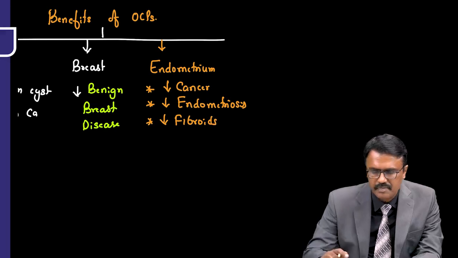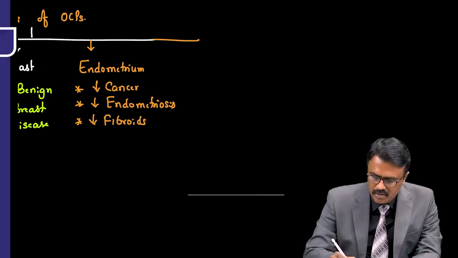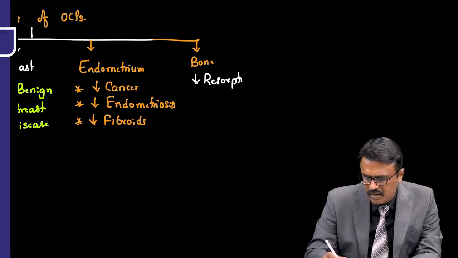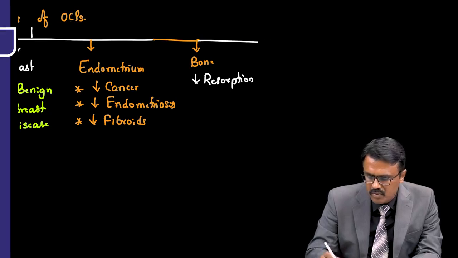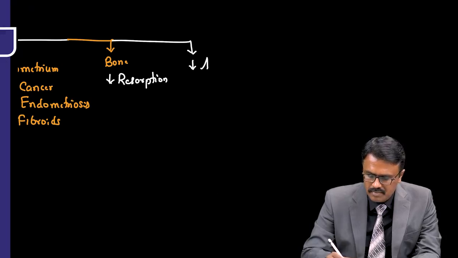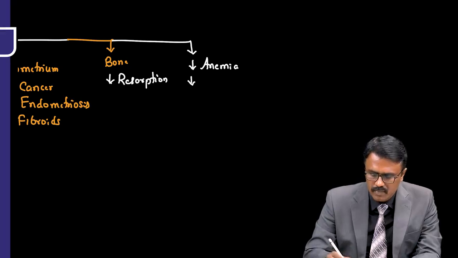That is about this. And do they have any effect on the bone? Yes. They have shown to decrease resorption, which is good. Apart from that, OCPs have also shown to decrease the anemia risk, and they have shown to decrease a condition called premenstrual tension.